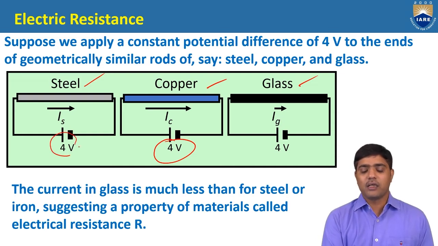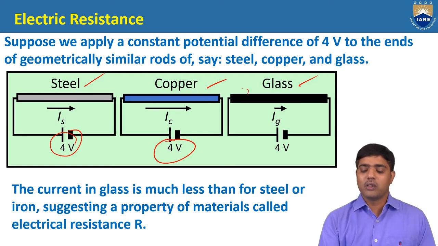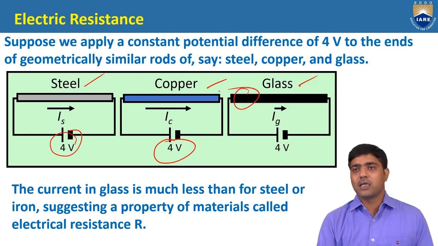Because of this potential difference, a current flows through all three materials. If you observe the current flowing through each circuit, the current flowing through the last circuit, which has glass as the material, is a very low value. Why?